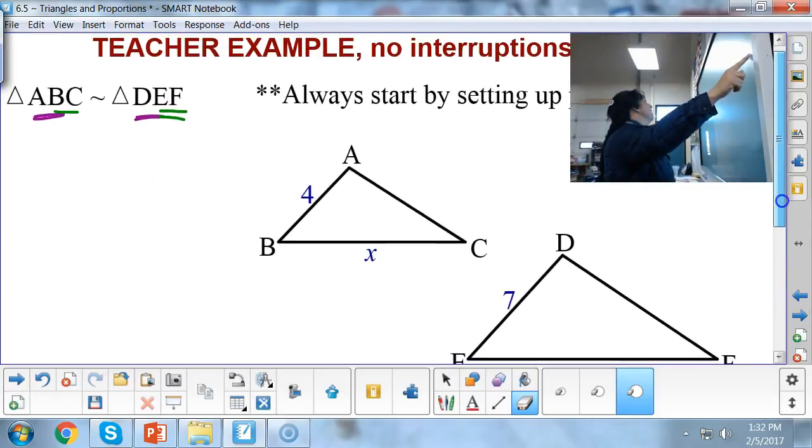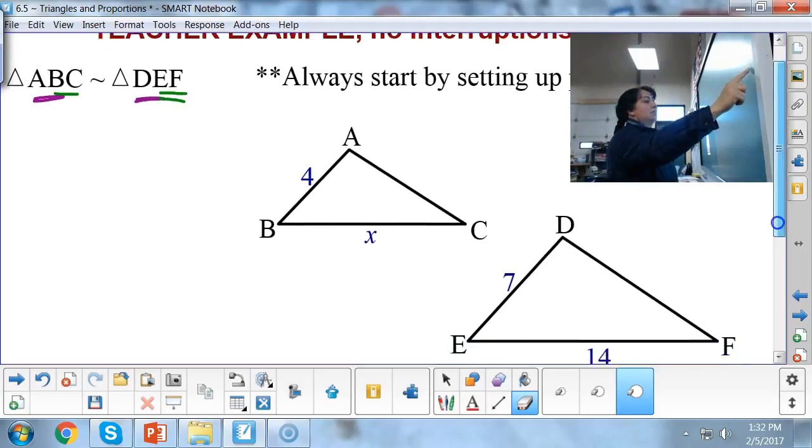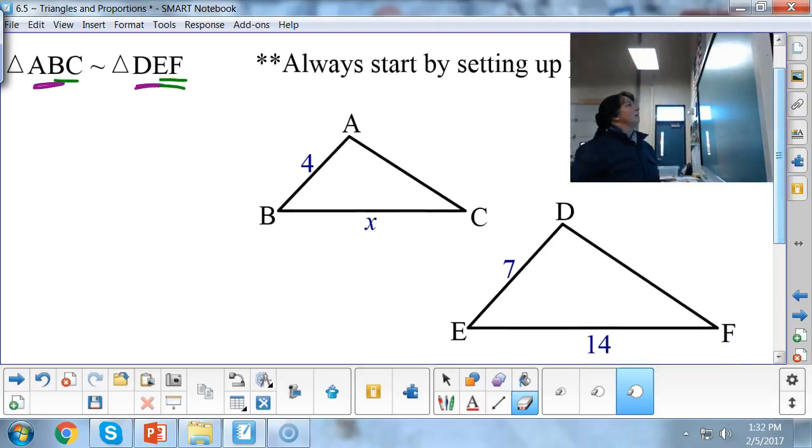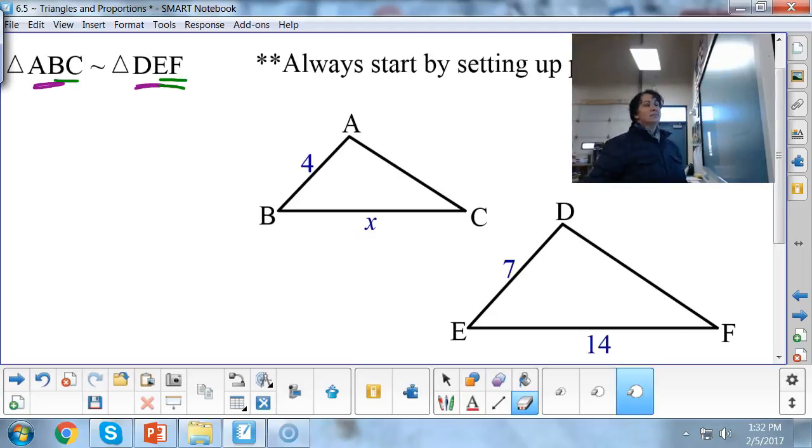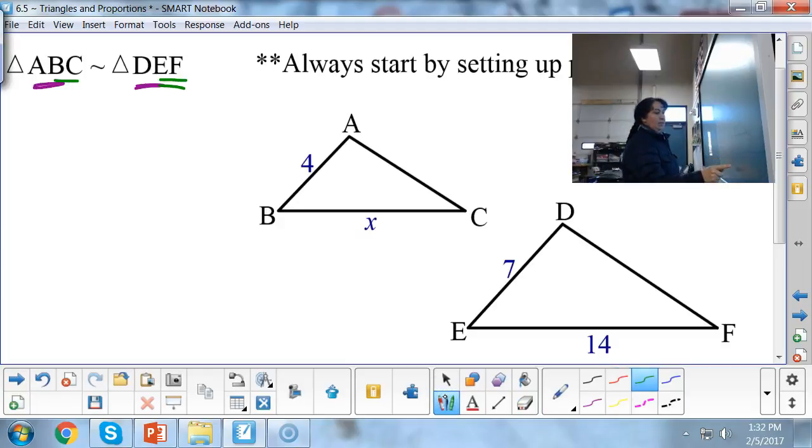Okay, so we're going to start here with a teacher example, and you can't see this because I'm in the way there, but always start by setting up proportions. That's written on every single slide where I'm asking you to do this, because that is our first step, to set up our proportions. So let's do that.